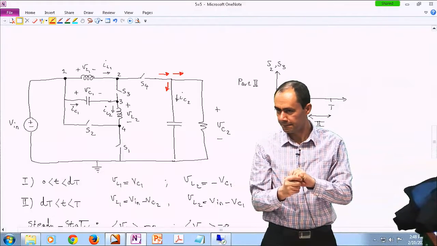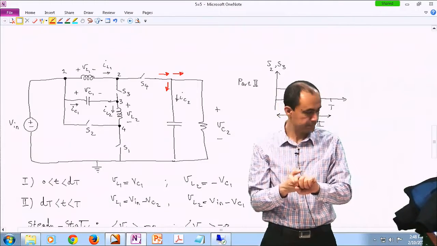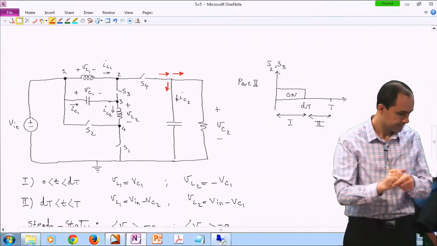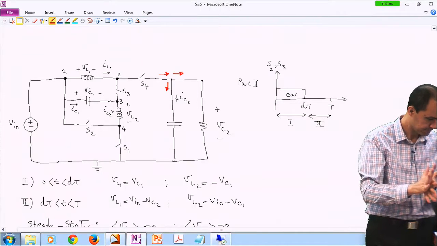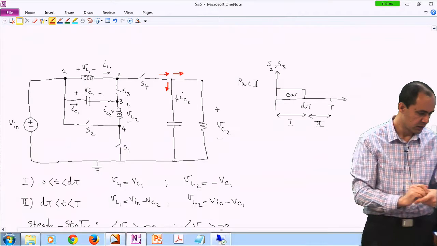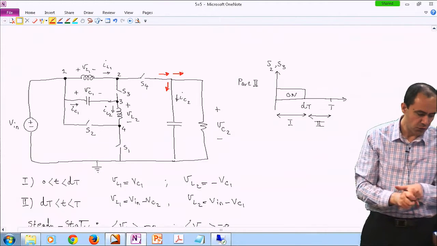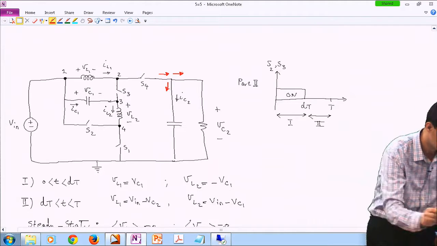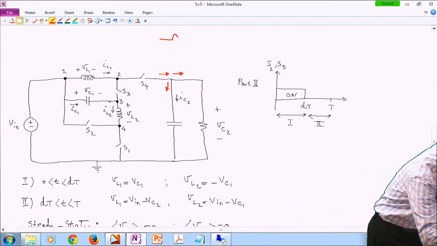Yes, we have a question. How come that current is just IL1? You're not factoring in the current of IL2 if switch... Oh, because switch 3 and 4 are complementary. Yes, switch 3 and 4 are complementary. That's exactly right. So remember, the current of switch 4, so just write it over here to make it less confusing.